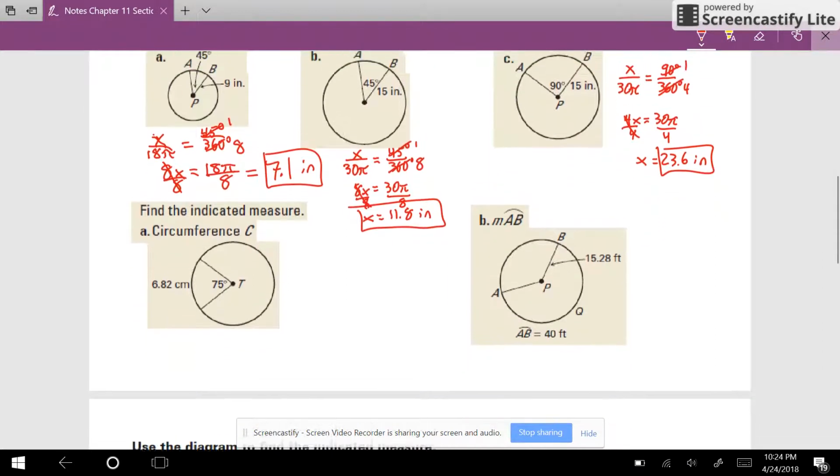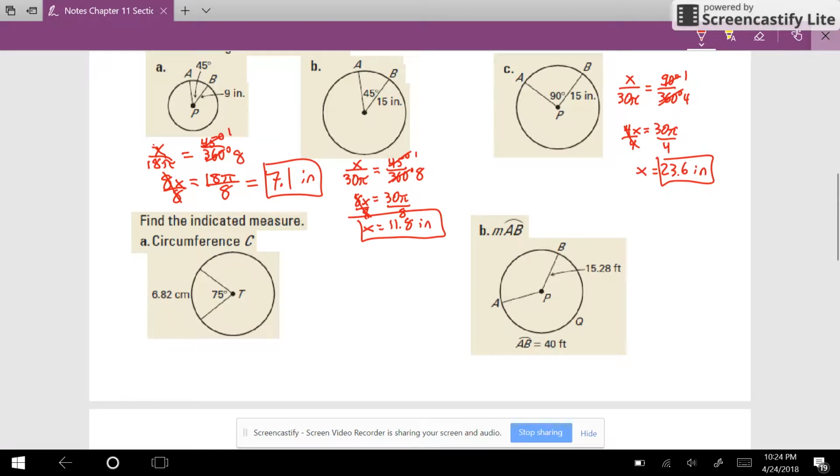The next example, we know the arc length, 6.82. What I don't know is the circumference, and that's what they're asking us to find. I know the degrees of the arc, 75 over the full circle, 360. I can simplify 75 over 360, goes to 5 over 24.